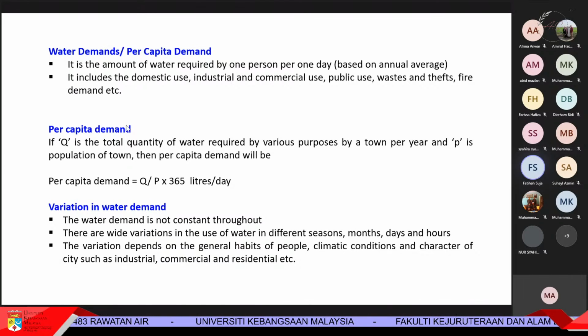Meaning that if you want to design something, when you want to distribute the water supply, you will first estimate the amount that needs to be distributed. So you need to know the per capita demand first. What is the per capita demand for Malaysia? Any of you know?